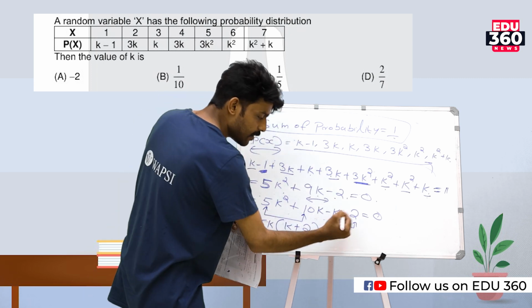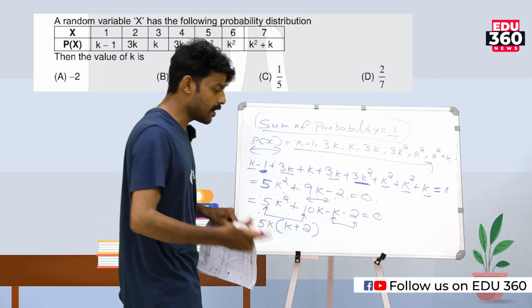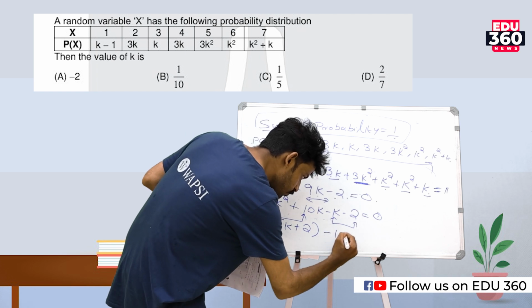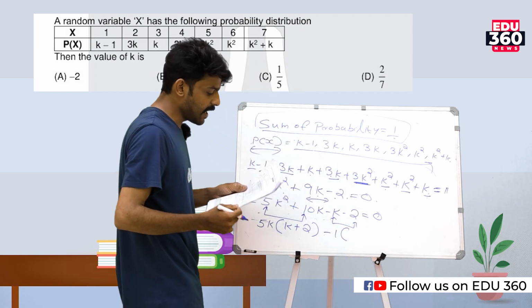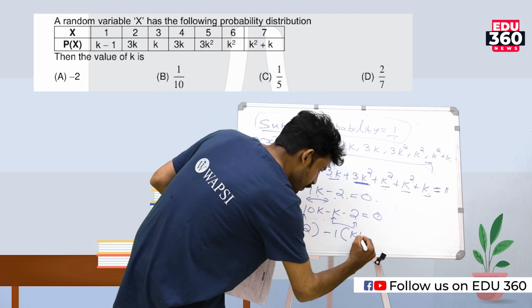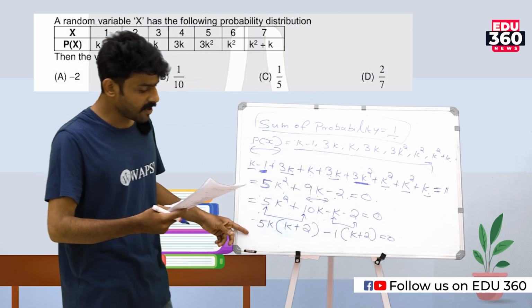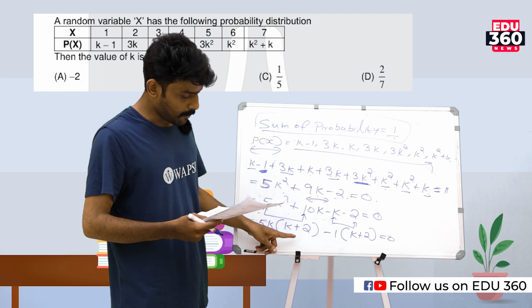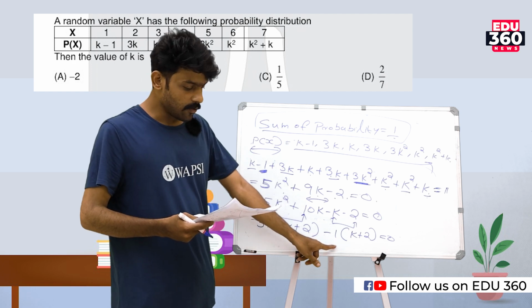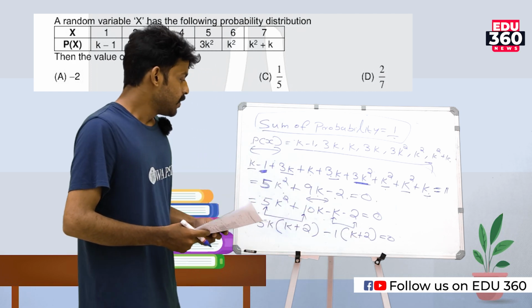And from here we can take minus 1 common outside, so it is minus 1 into k plus 2, equal to 0. So that means 5k into k plus 2 minus 1 into k plus 2 is equal to 0.